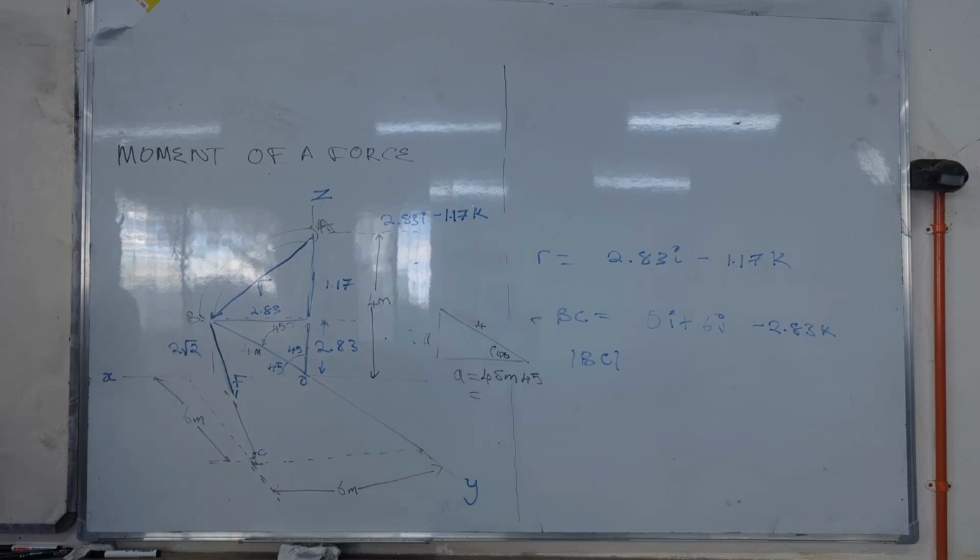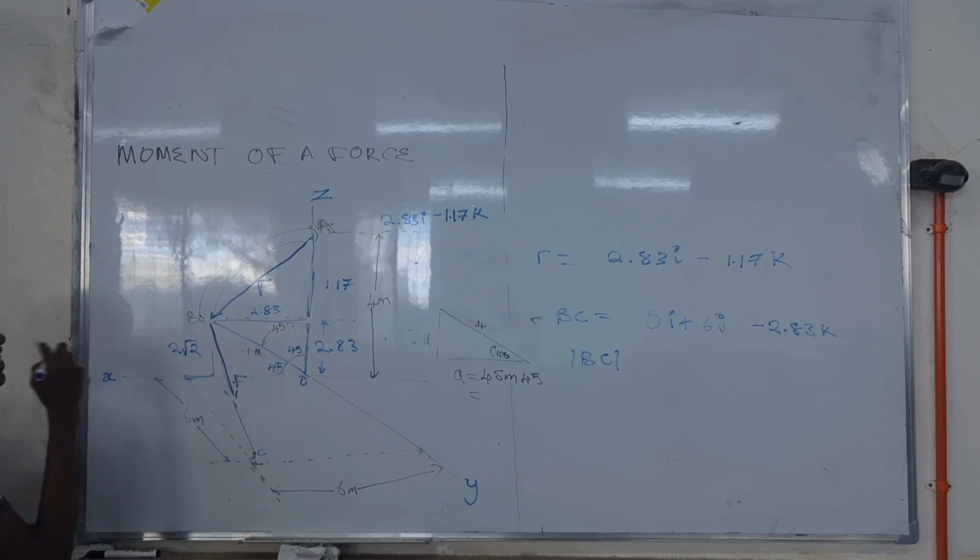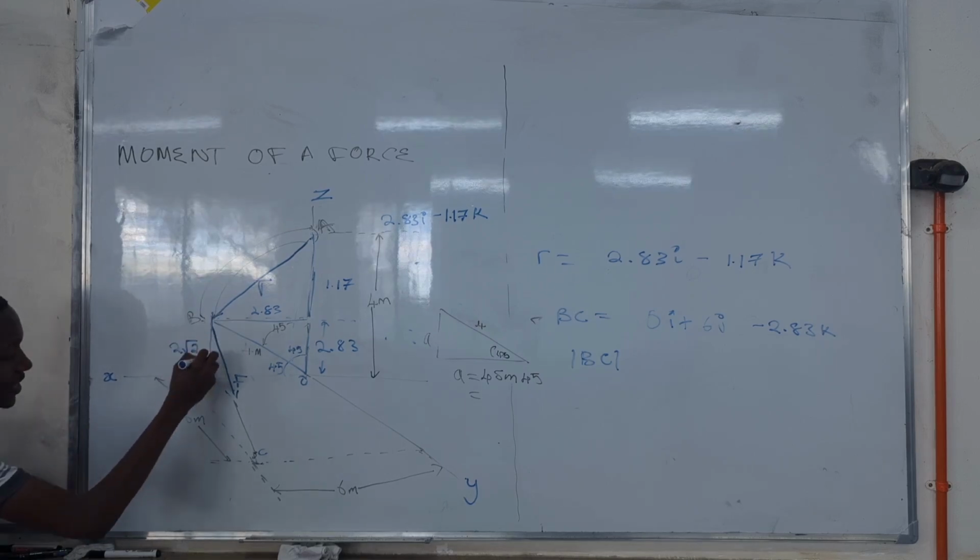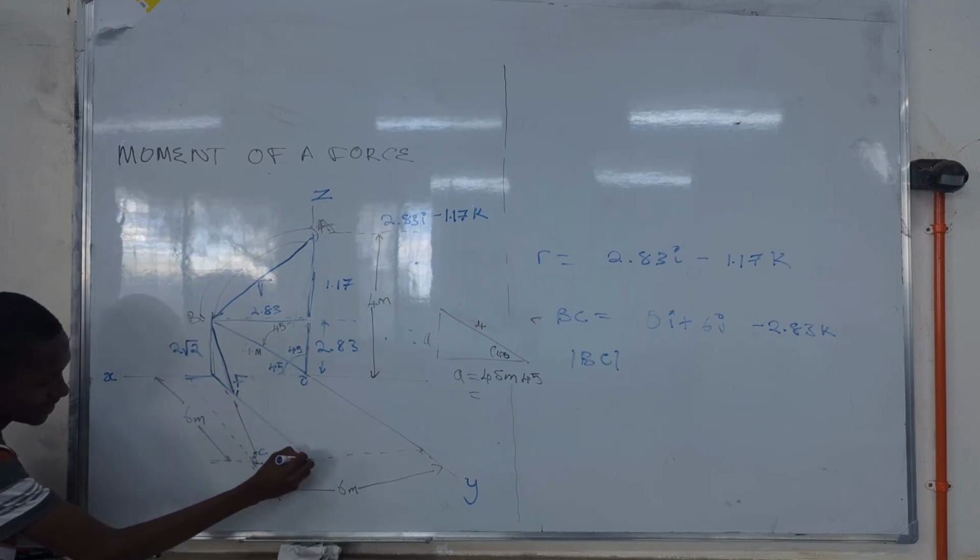We haven't moved in the x, like from this position. Oh yeah, we have moved, guys. There is even a gap here. Yeah, so we went down like this. We went like this.